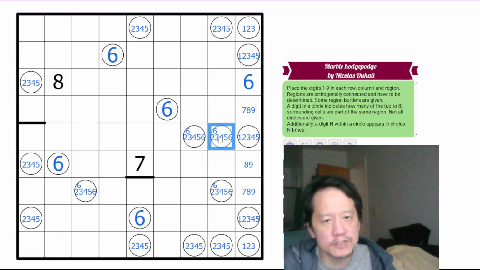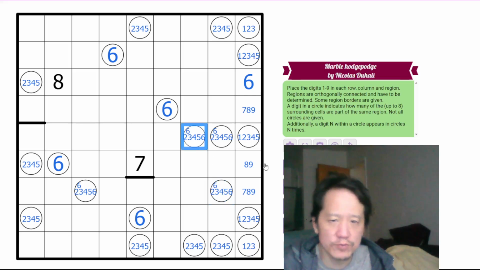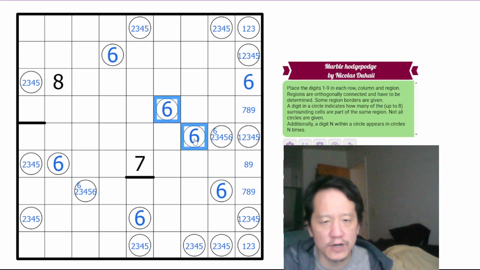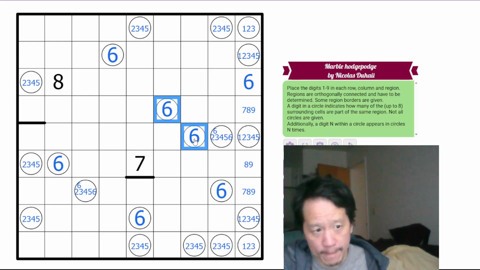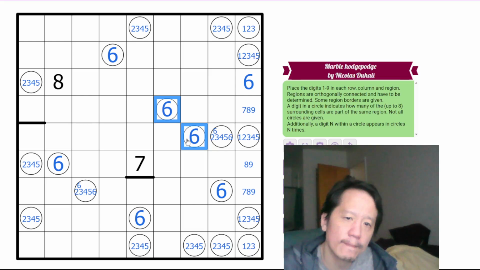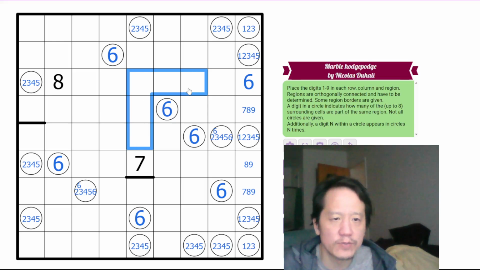So either 6 is here, which would force that to be 6, or 6 is here, which would force that to be 6. So say this was 6 here and 6 here. These would obviously not be in the same region. So 6 out of the remaining 7 would be part of the same region.